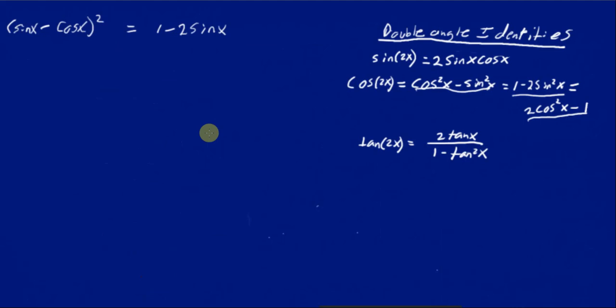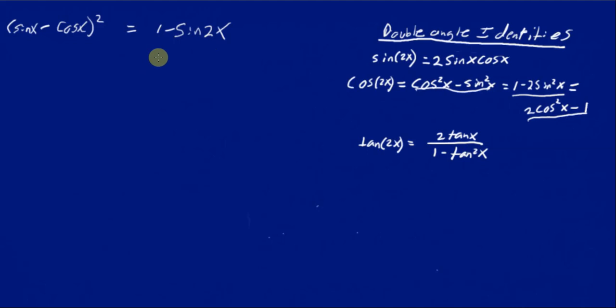Okay, the second example, I got sine of x minus cosine of x, squared, and that's supposed to equal 1 minus the sine of 2 theta, or 2x. All right, so I got x's mixed with 2x's, so I'm going to take a look at this.